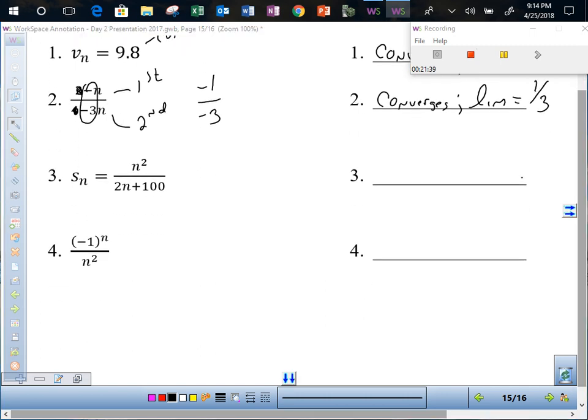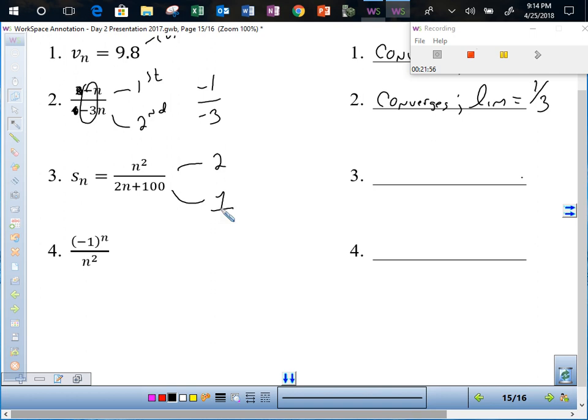Here's my number 3. I've got n squared over 2n plus 100. Go find your highest powers. The highest power in the numerator is n squared. The highest power in the denominator is n to the 1.